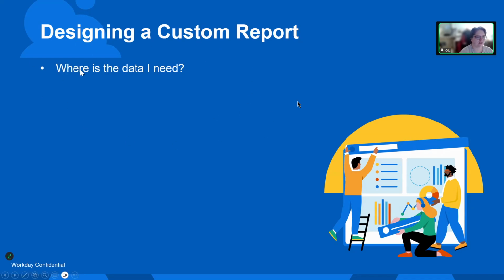So start from asking good questions. If you are being given a requirement from, let's say, a business insider, like, I don't know, HR specialist, payroll specialist, whoever you're going to be working with, do they know where the data is?